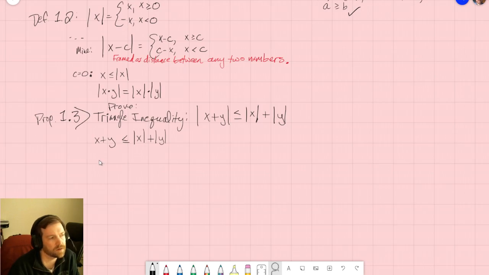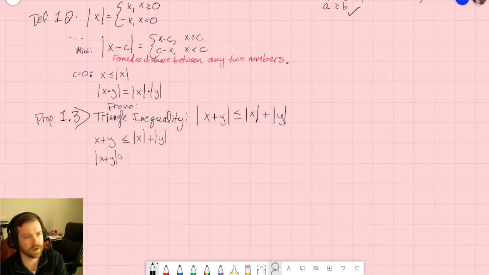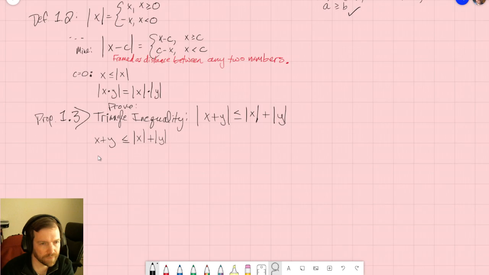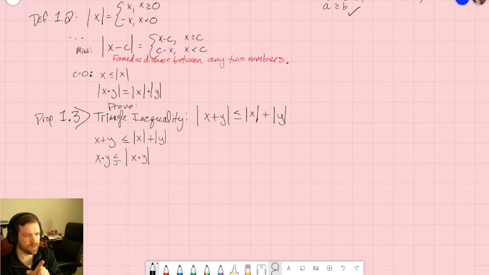Okay, so x times y is going to be less than or equal to the absolute value of x times y, because in this case the product xy replaces x in this upper stuff.